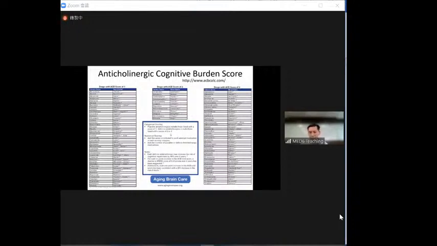With a score of more than 3, it is already defined as having a problem. This is a high score, and the patient is having high risk of developing anticholinergic related problems such as delirium, dementia.